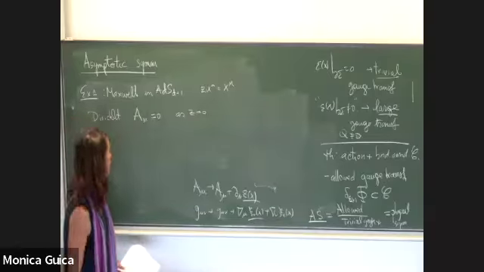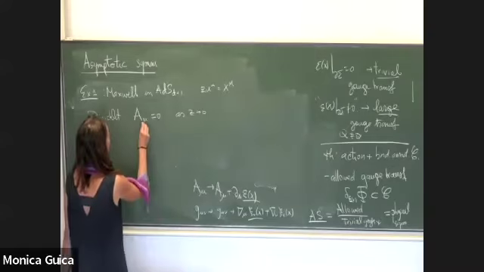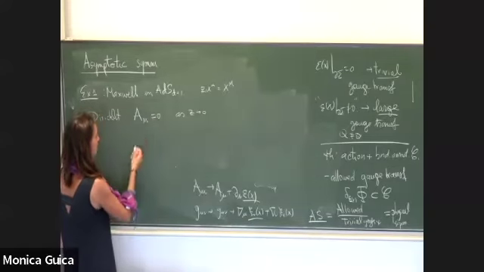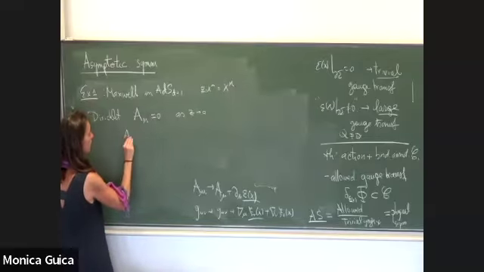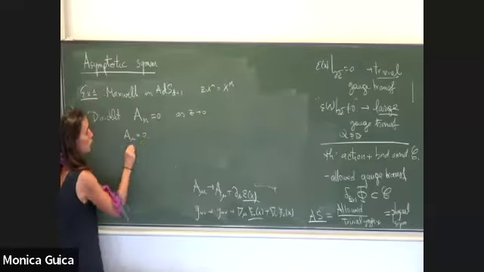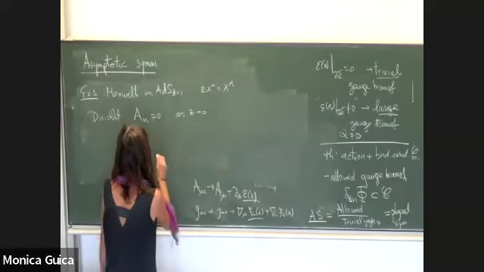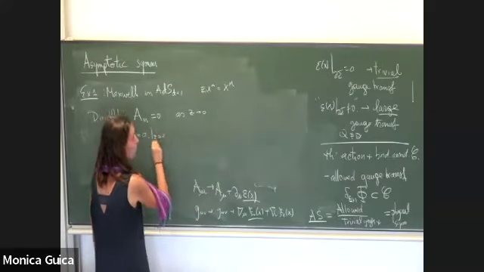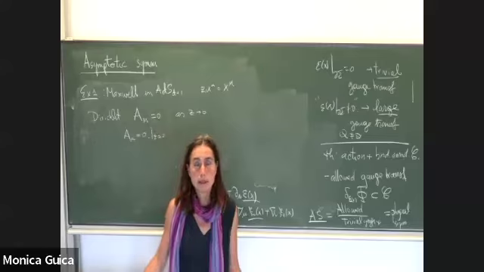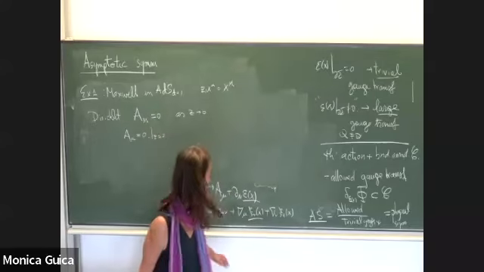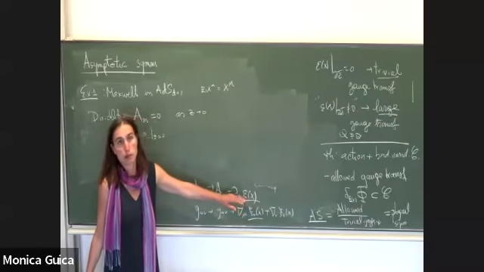I can be working in a gauge A_z equal to 0, which is a standard gauge. So if I work in that gauge, I'm just looking at the boundary condition A_mu equal to 0 at z equal to 0, and the question is, what is the asymptotic form of the allowed gauge transformations?